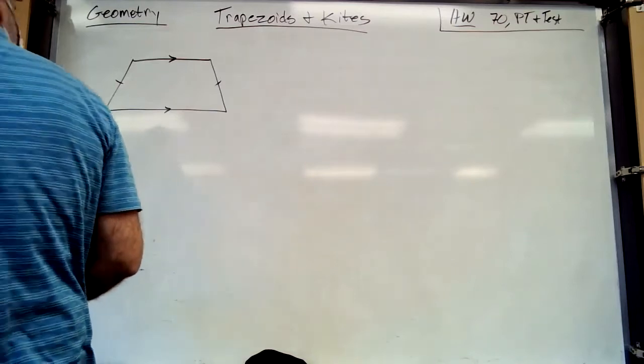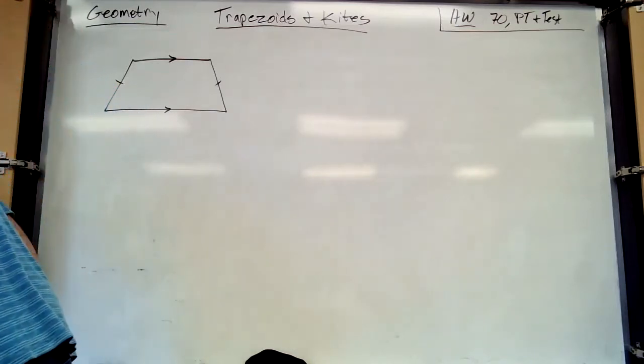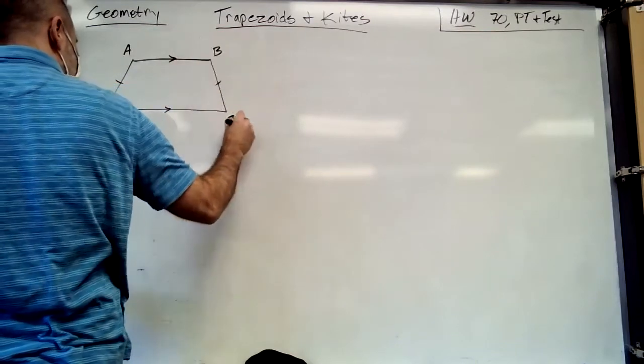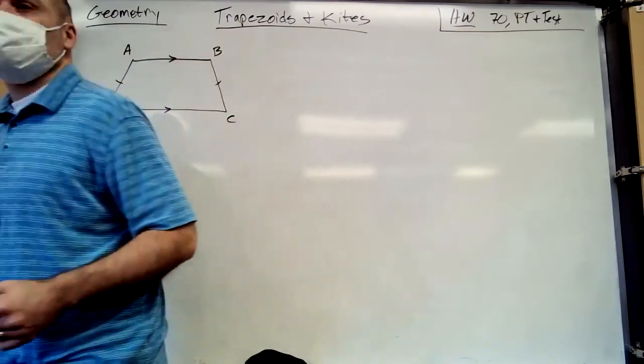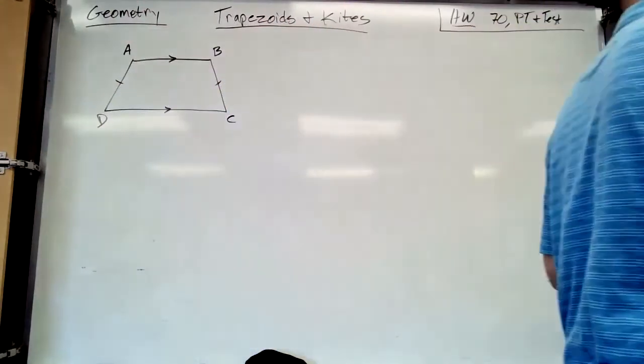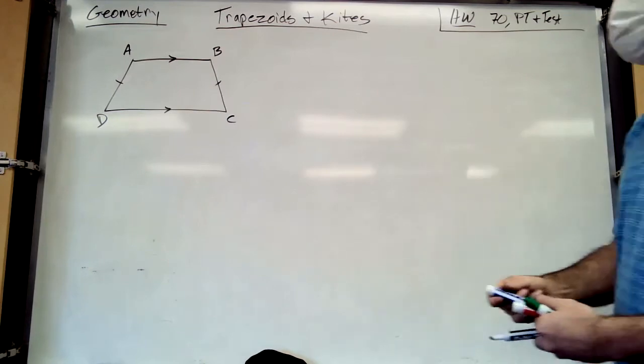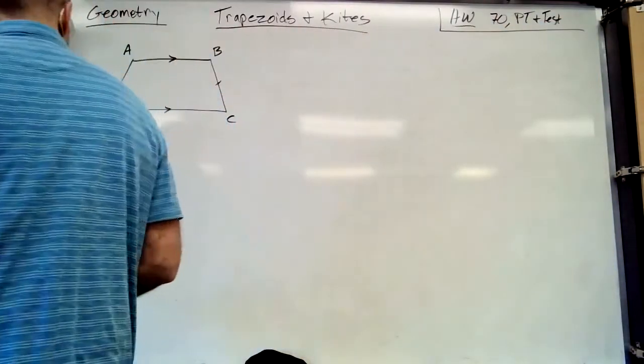What else can you tell me about this trapezoid, A, B, C, D? A and C would be complementary.